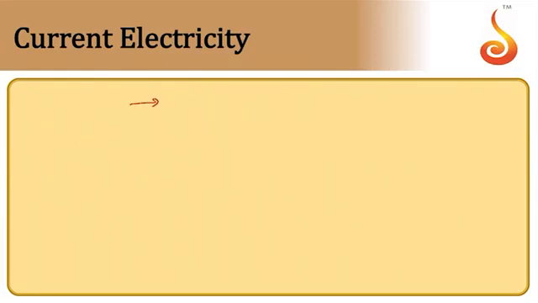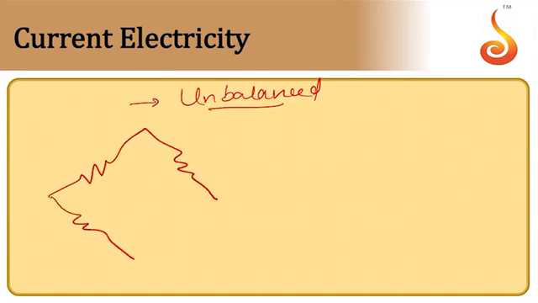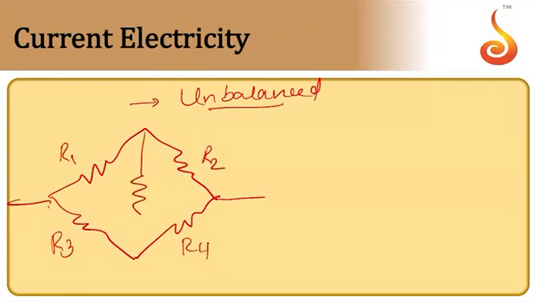Suppose the Wheatstone's network is unbalanced. This is the network. R1, R2, R3, R4, R5.